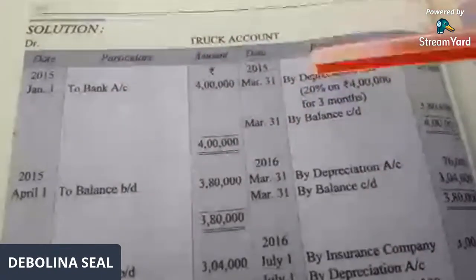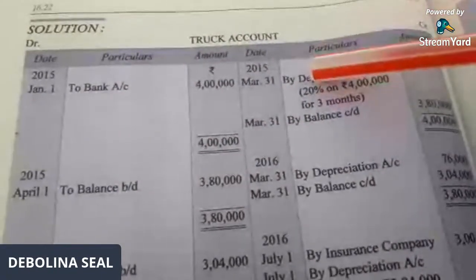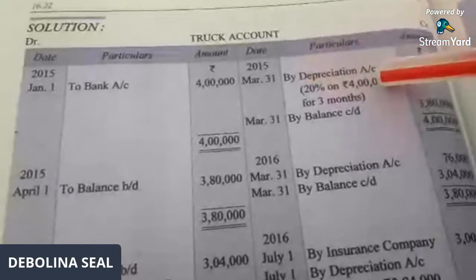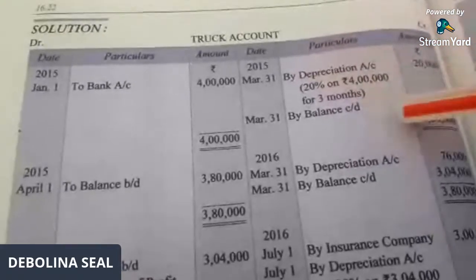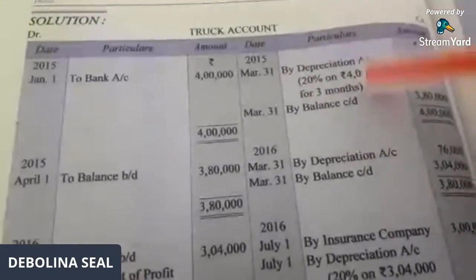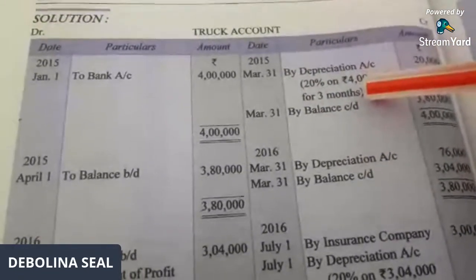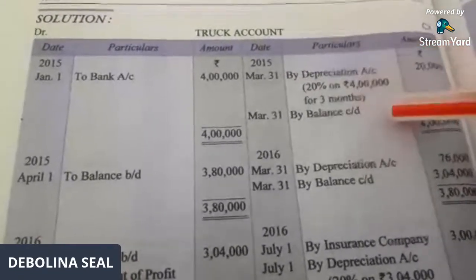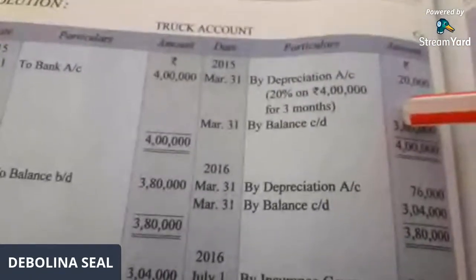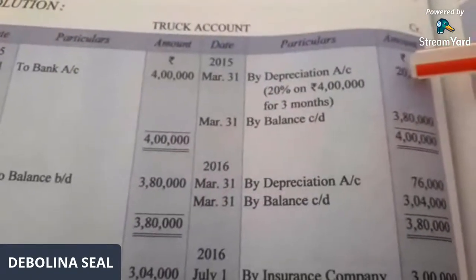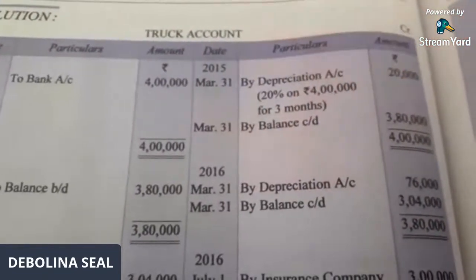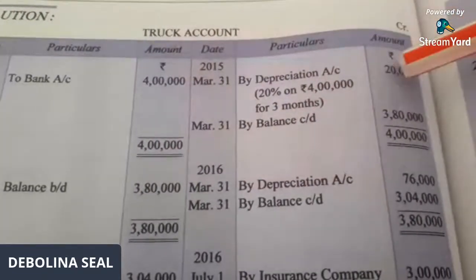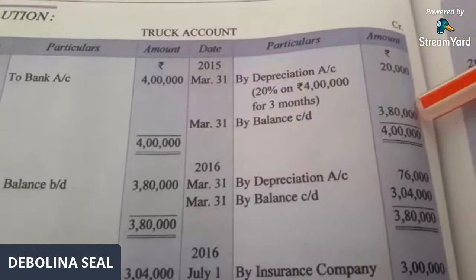Rate is 20%, 20% on 4 lakhs for 3 months. That is 4 lakh into 20 by 100 into 3 by 12. It is coming to 20,000. This is the first depreciation. Now by balance c/d, from 4 lakh you subtract 20,000, so you are getting 3 lakh 80,000.